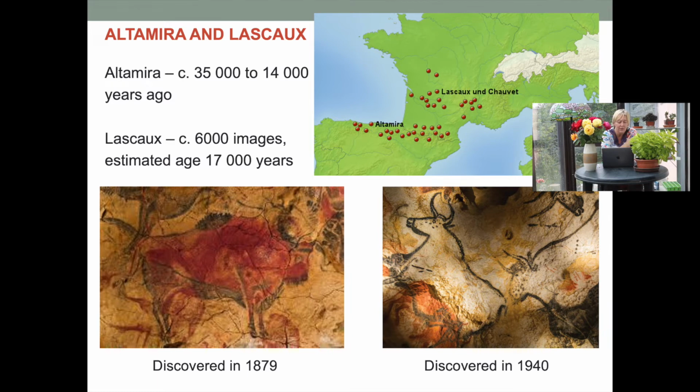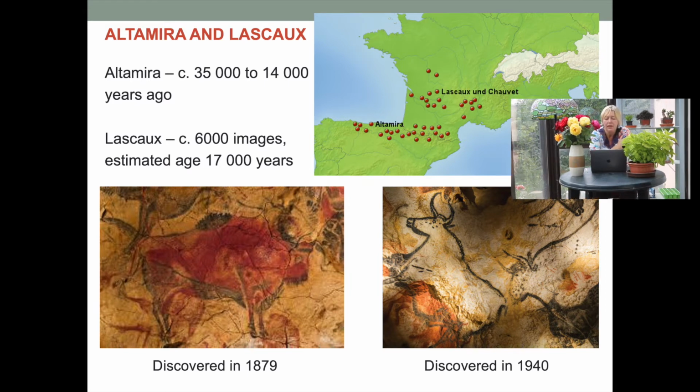The oldest ones, the ones in Altamira in the late 19th century, the ones in Lascaux in 1940, and they puzzled the world of science. They puzzled the world of culture historians, because they depicted such beautifully rendered animals in a very professional way.